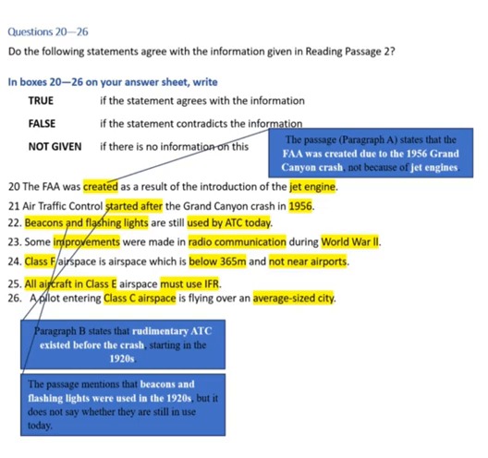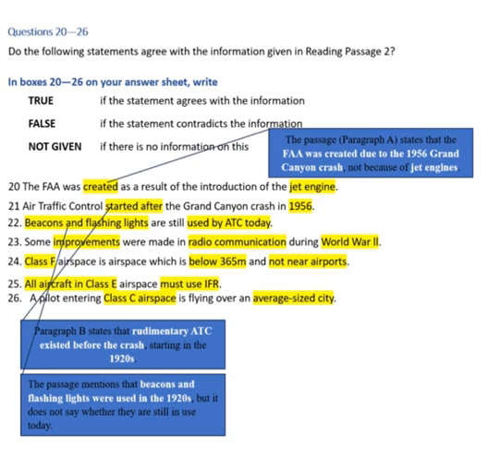Question number 23. Some improvements were made in radio communication during World War II. Improvements and radio communication are the key terms we need to use to locate the right paragraph that has information on these statements. And that is what we're going to use to trace the information. But first, we should understand what is happening here.